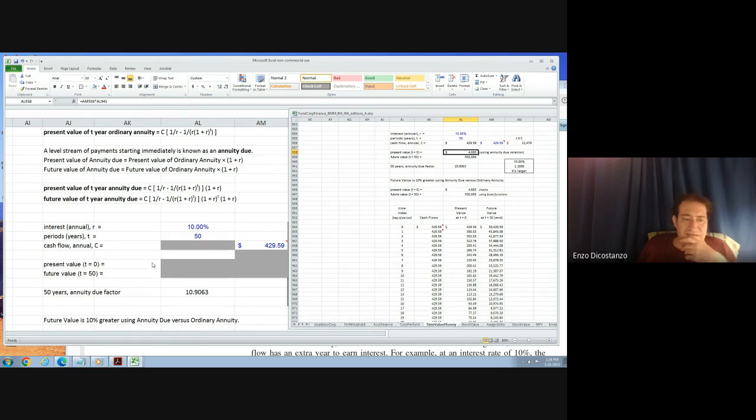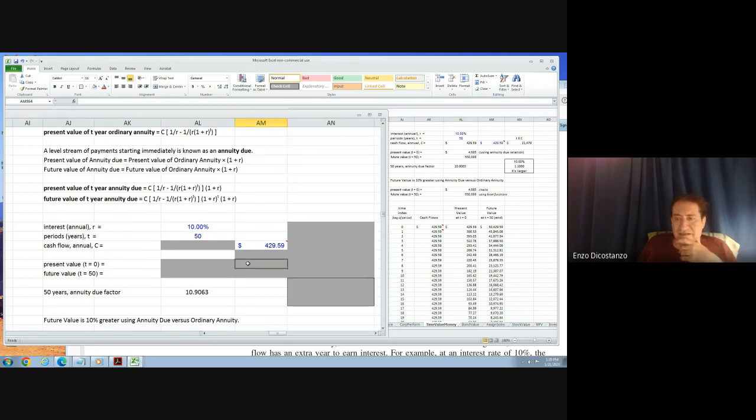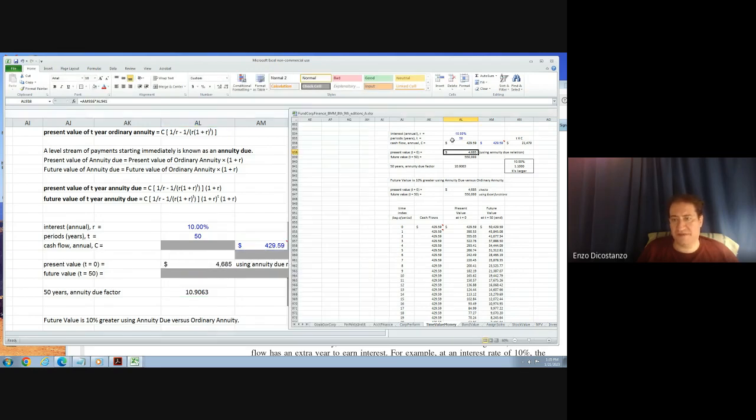Again, this is using the annuity due relation. So this is going to be the payments times annuity due. Yeah, 4,685. Okay, those are the payments, 4,685.